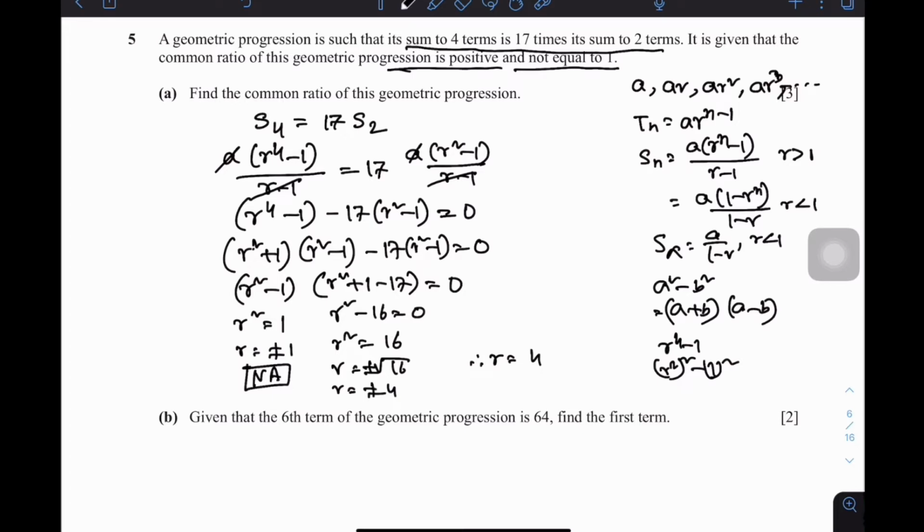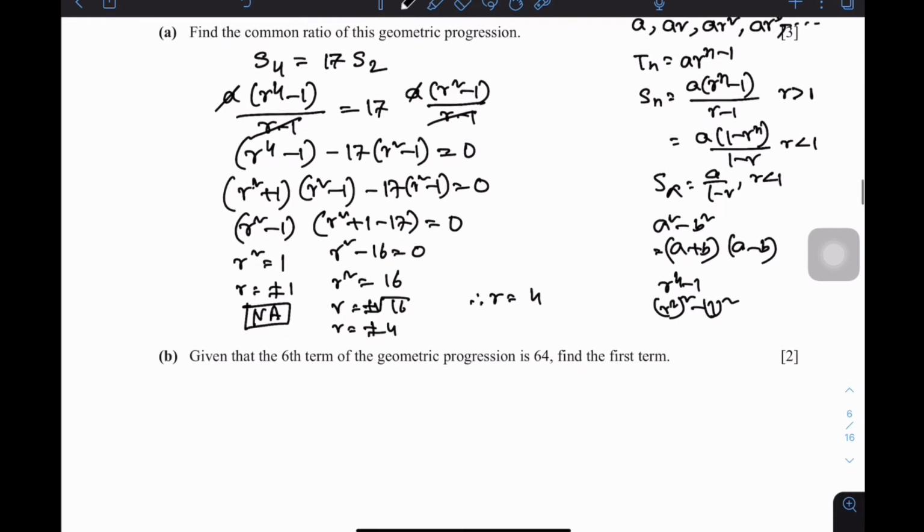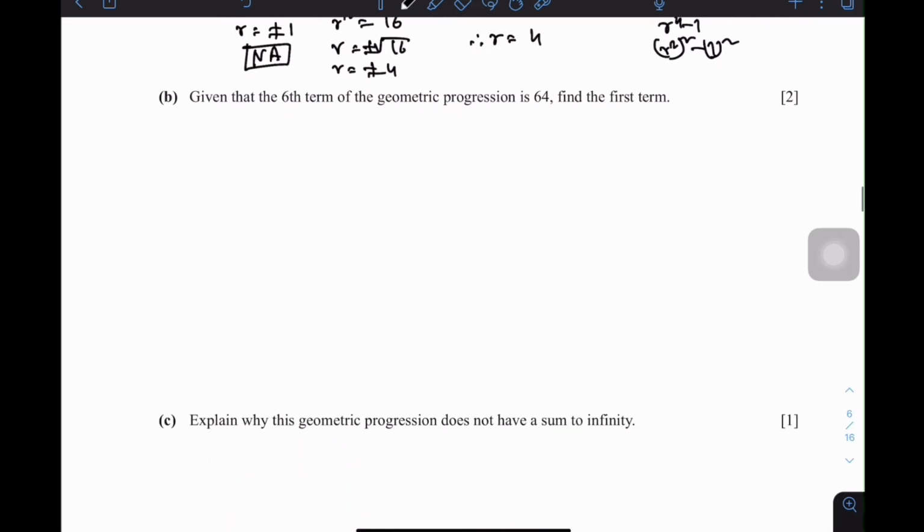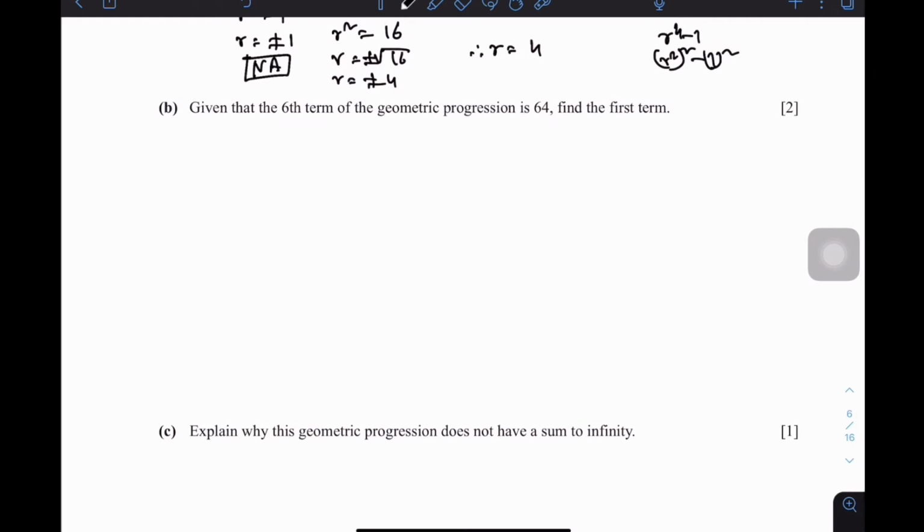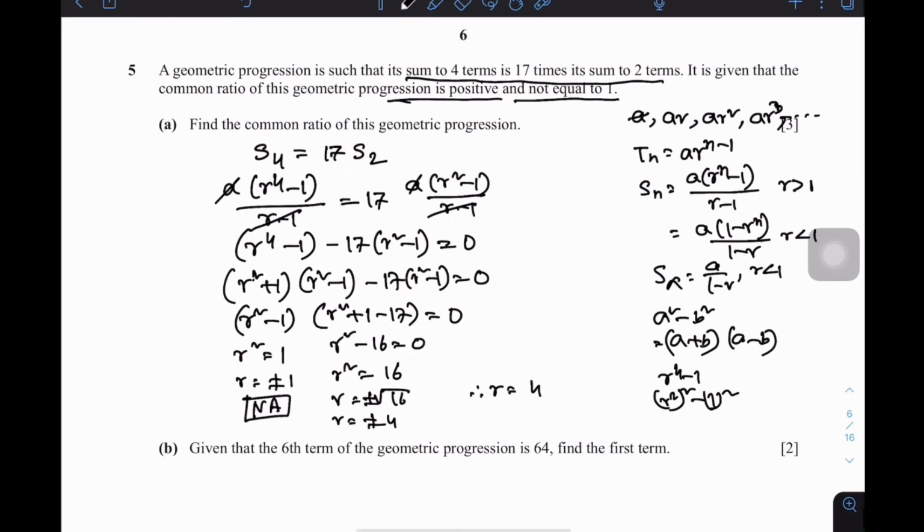Now it is given that sixth term of geometric progression is 64. So we know first term is a, second term is ar, third term is ar square, fourth term is a r to the 3.